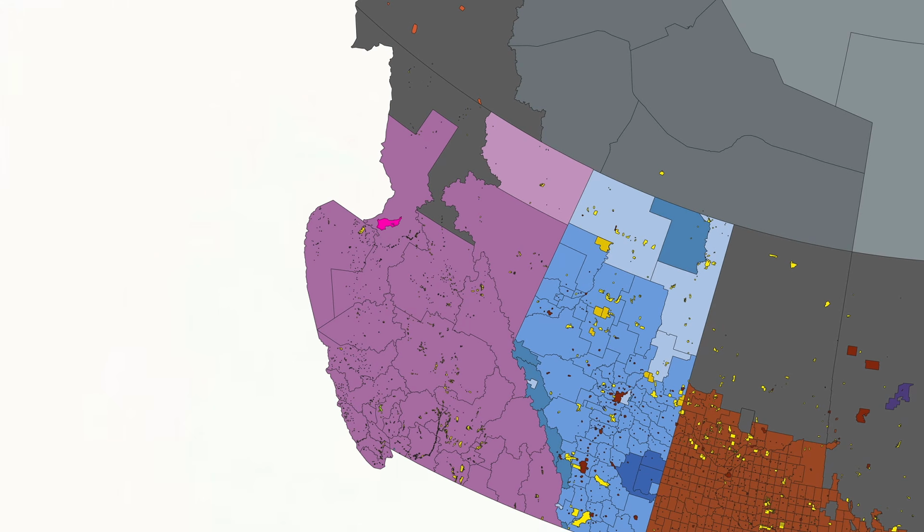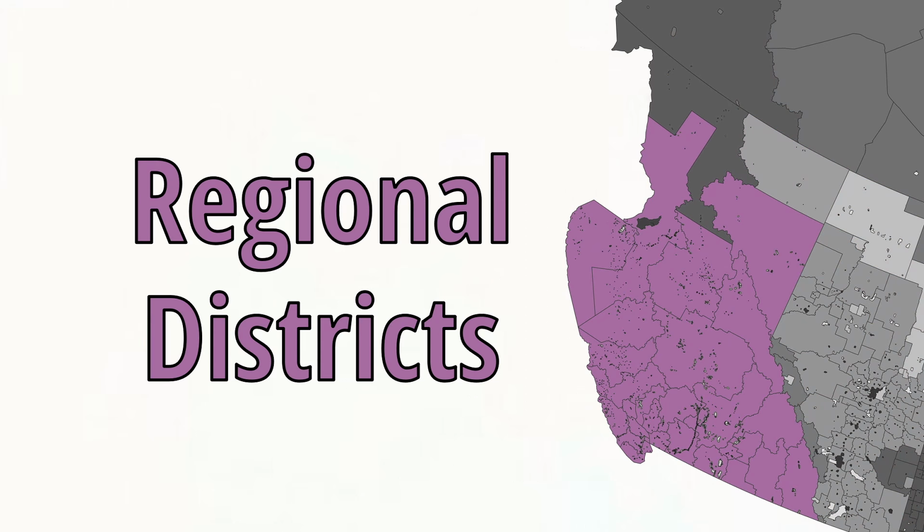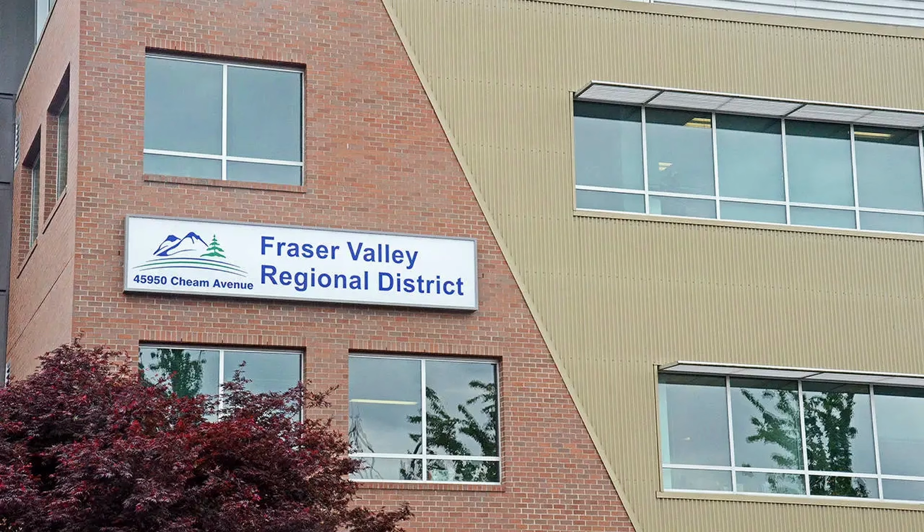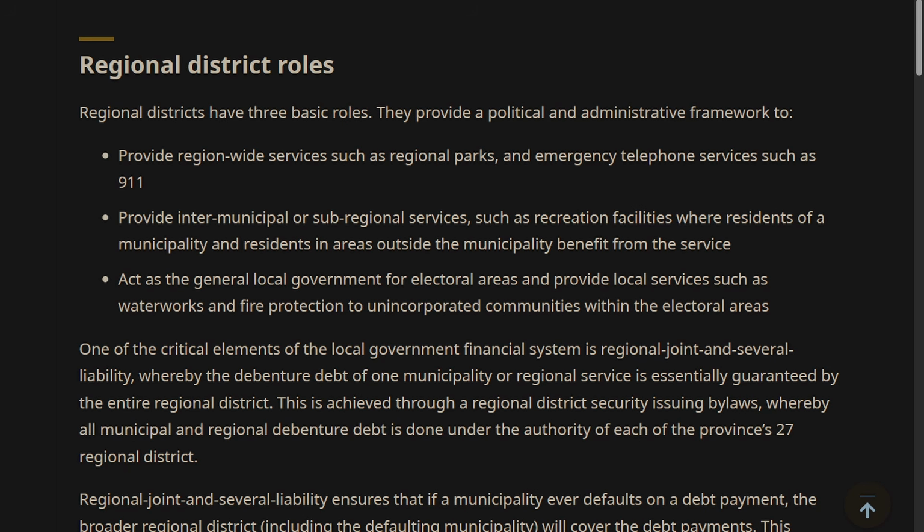British Columbia is primarily divided into regional districts. These regional districts are not fully considered to be municipalities or incorporated areas, but they provide some municipal services to unorganized and organized areas. Regional districts serve 3 primary functions. They provide region-wide services such as regional parks and 911 services.